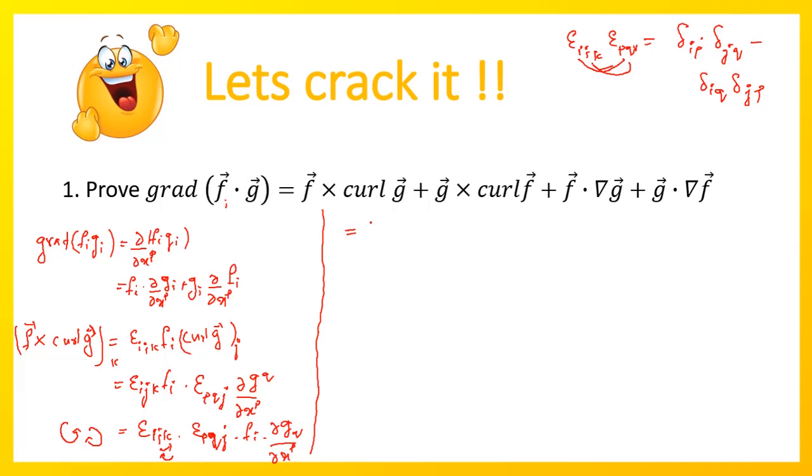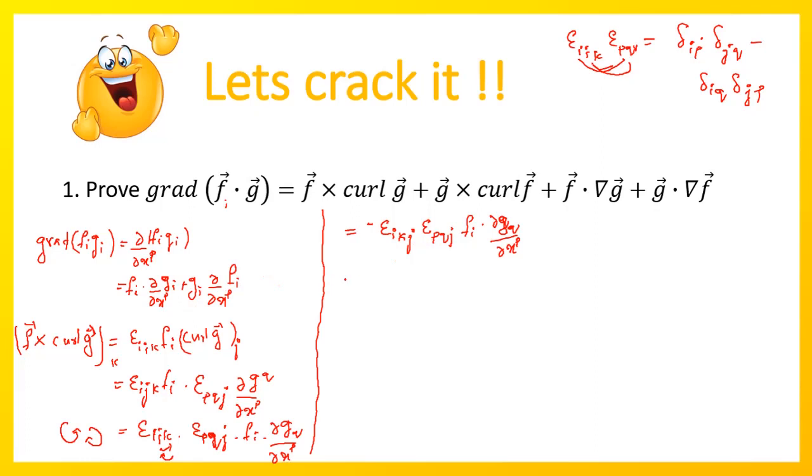So this can be written as negative of epsilon IKJ into epsilon PQJ, and the other terms are just fine, fi into ∂gQ divided by ∂xp.